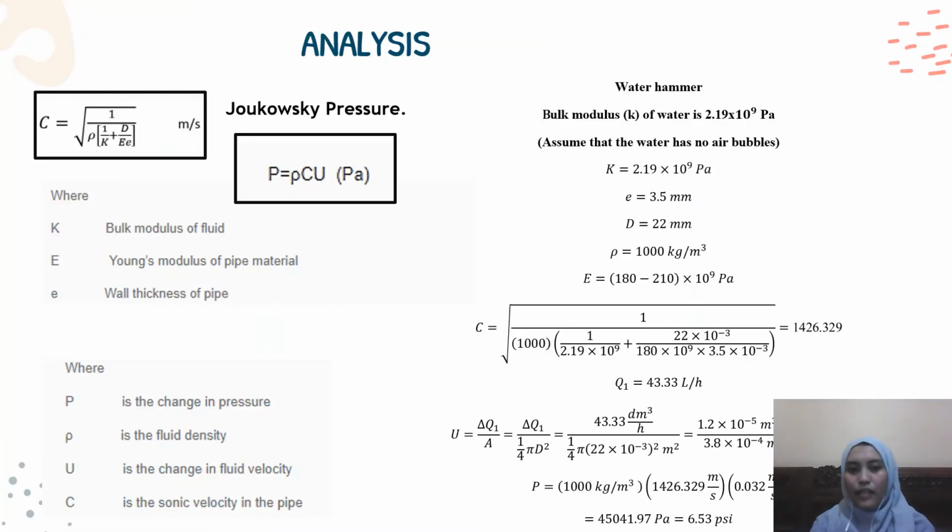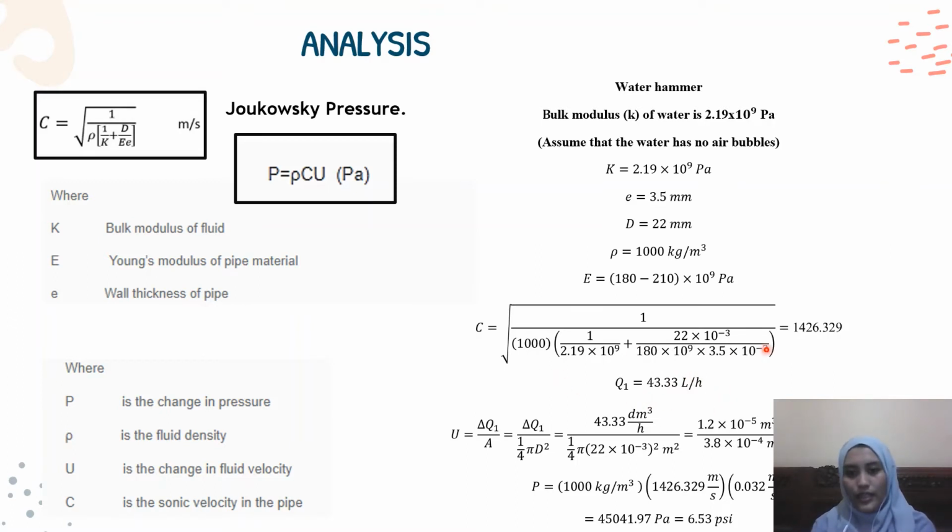After having some data from the experiment, here is the analysis of the water hammer. We use the Joukowski pressure equation to see the difference in pressure during the hammer process, and then we can compare it with the actual result from the experiment. First, we need to find the sonic velocity of the pipe using this equation, and the result is around 1400 meters per second. Then we use the flow from the flow meter, which is around 43 liters per hour.